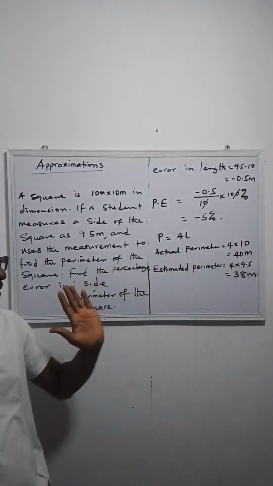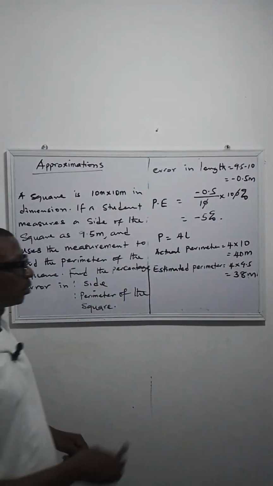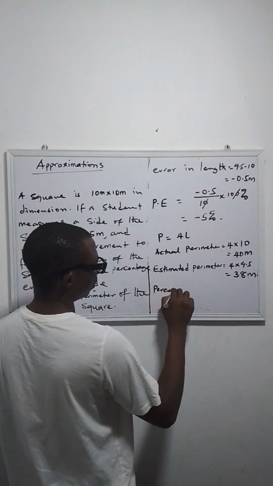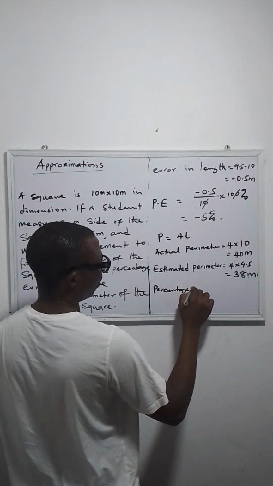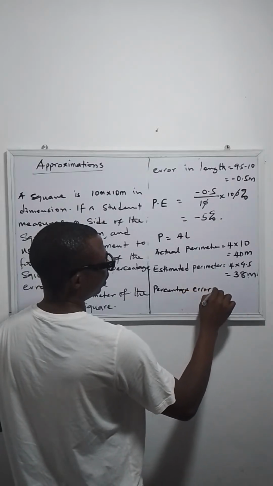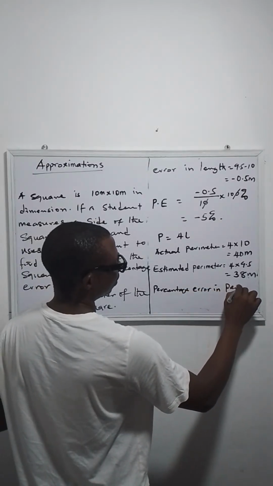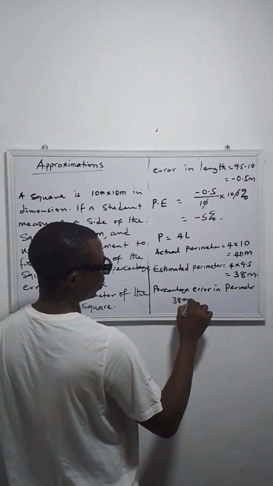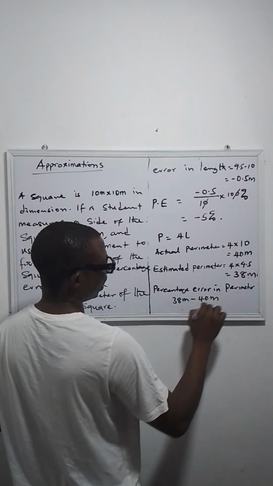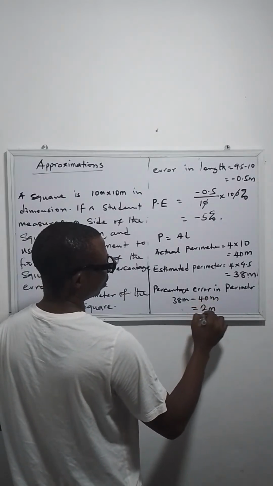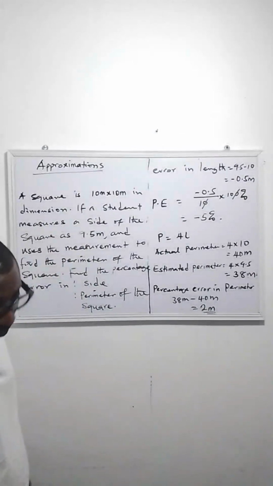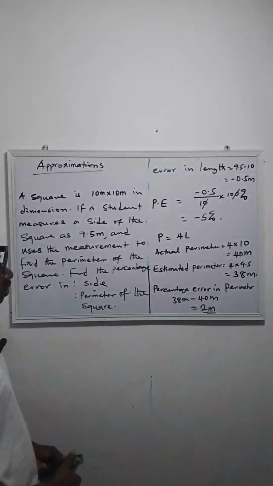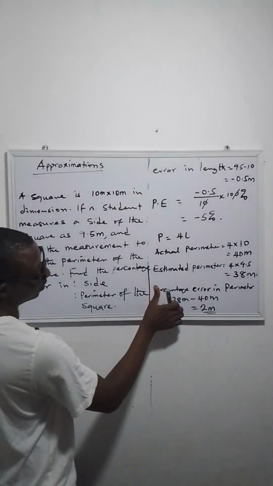Okay, so now let's get the percentage error. So percentage error in perimeter now is going to be what? 38 meters minus 40 meters. And that gives you what? 2 meters. So that is going to be the percentage error. Okay, sorry, it's not the percentage error.